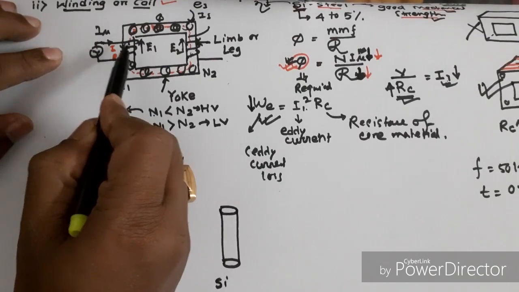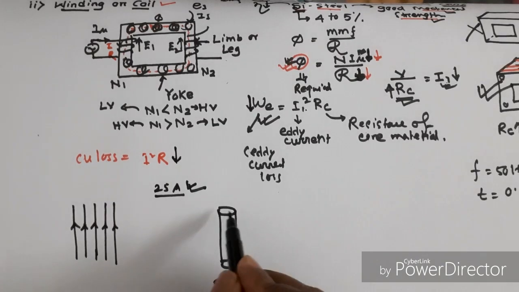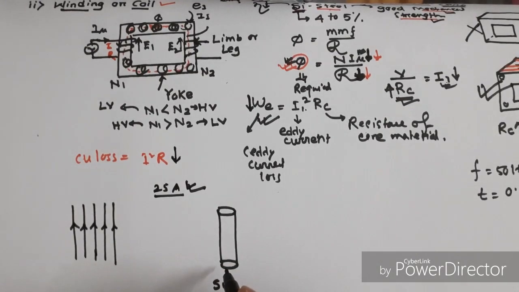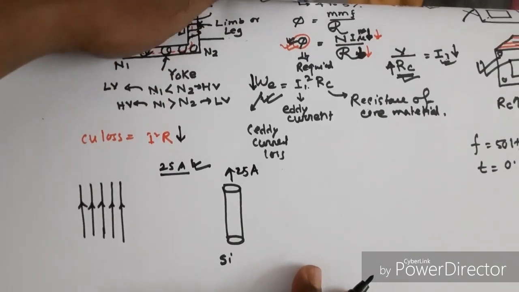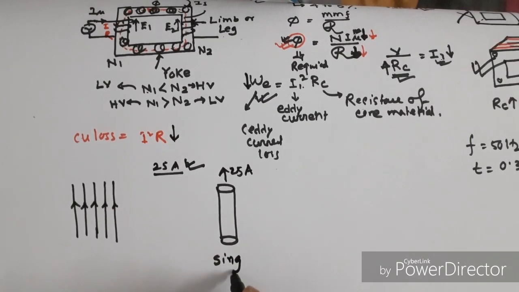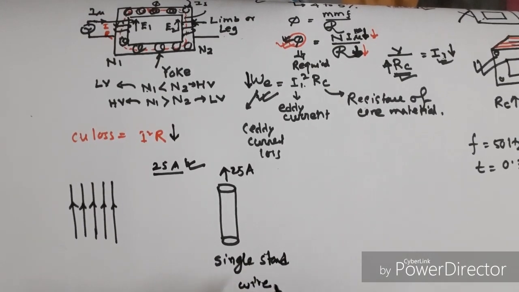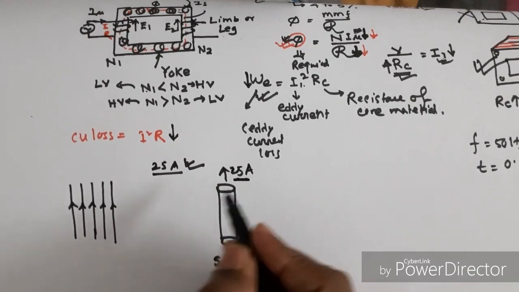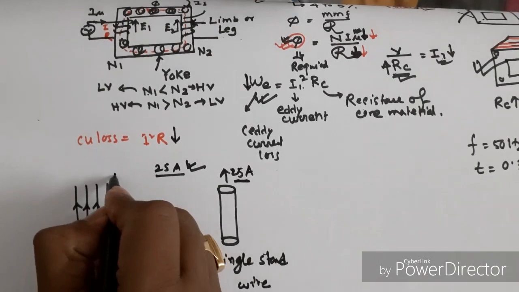Suppose the current rating of the winding is 25 ampere. So I will use a conductor of higher diameter which can stand 25 ampere. A single conductor which can pass 25 ampere is called single strand wire. Instead of using one conductor of capacity 25 ampere, I can use 5 strands of 5 ampere each.